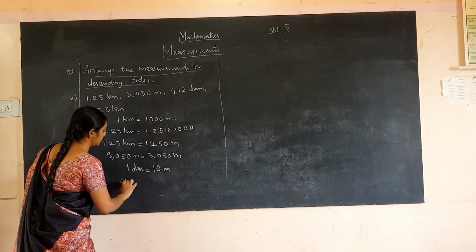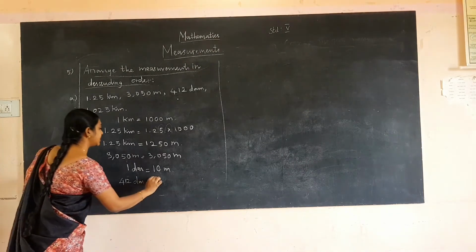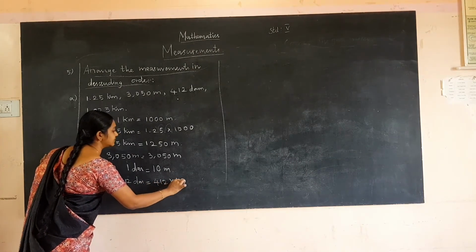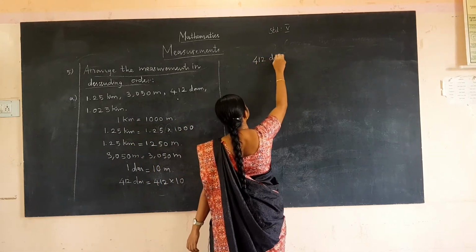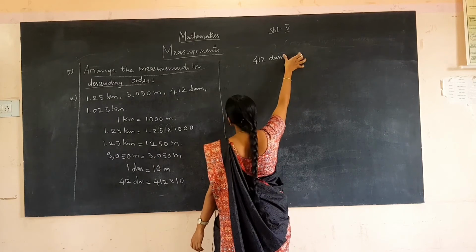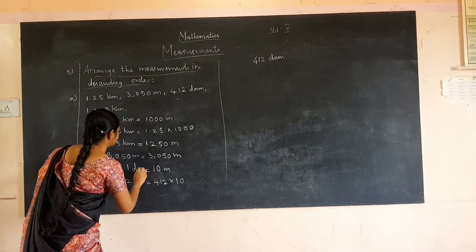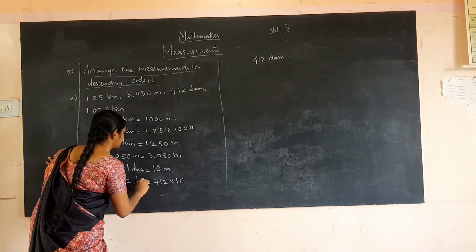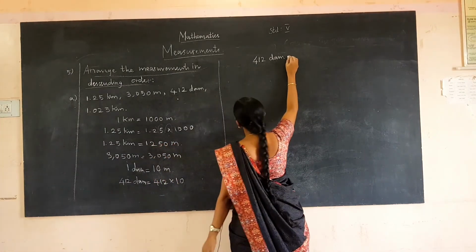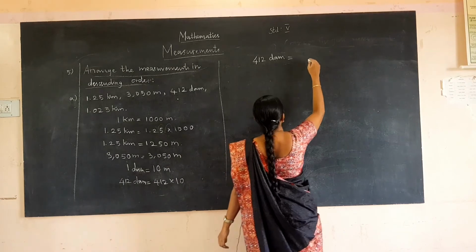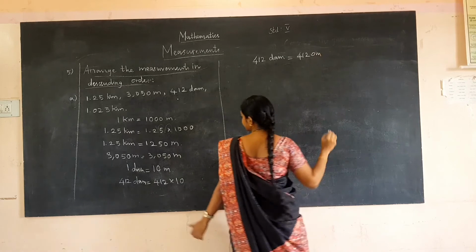Then for 412 decameter we have to multiply 412 into 10. So 412 decameter is 4,120 meter.